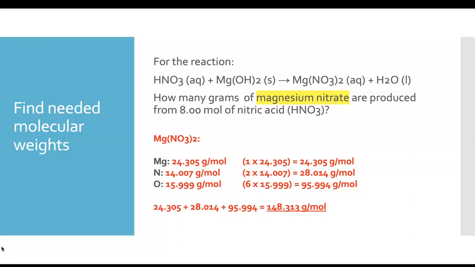We're going to do the same exact thing for oxygen, and we have 6 of them. So we multiply 6 times 15.999, and we get 95.994 grams per mole. To find the molecular weight of the entire compound, we're going to add all of those together. And that's going to get us 148.313 grams per mole of magnesium nitrate.